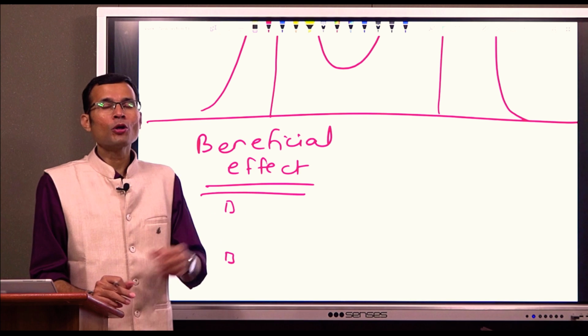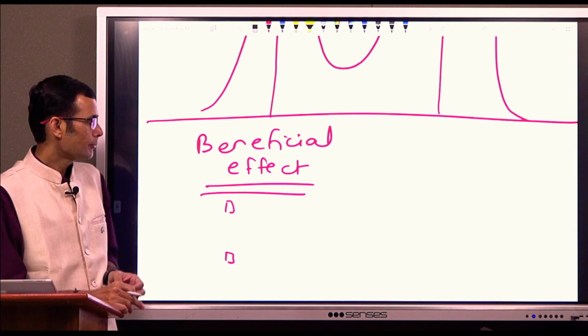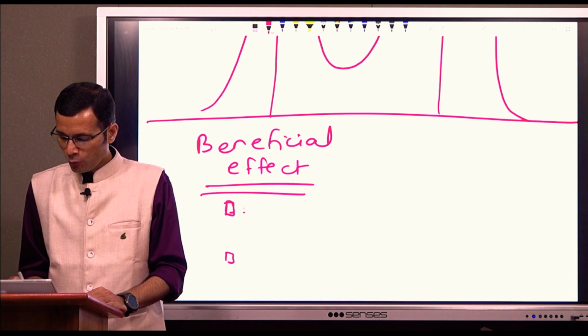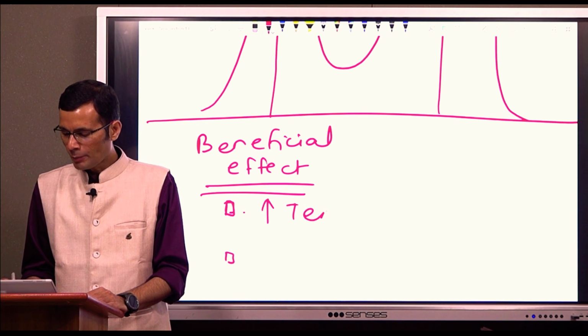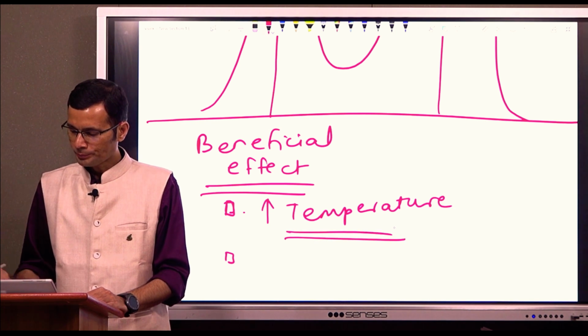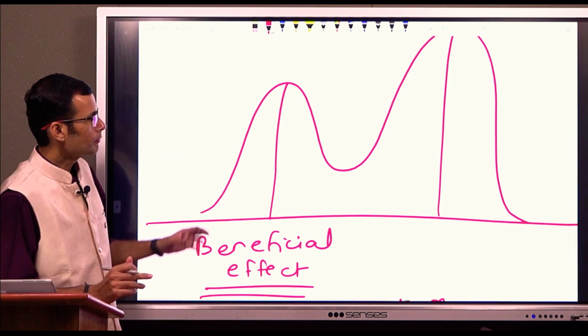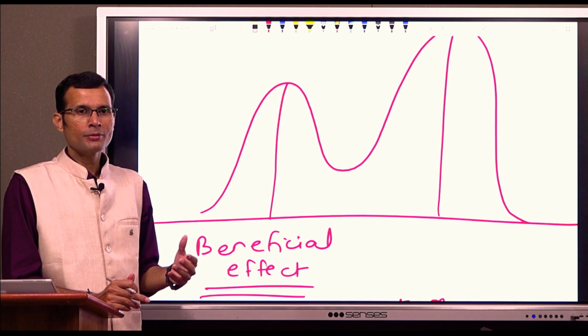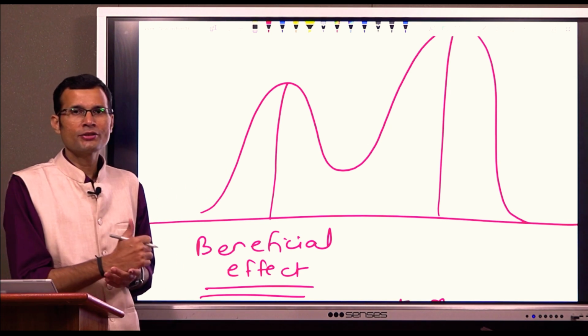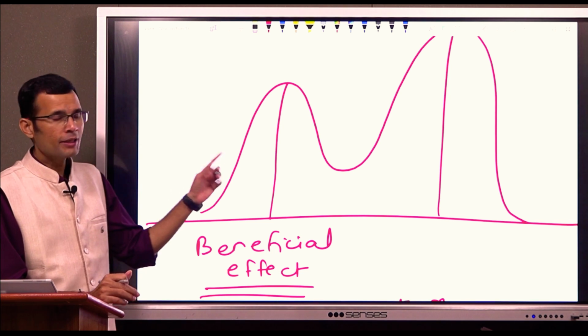Now, what were those changes that happened in the muscle? Two important changes we must note. One is increased temperature in the muscle caused by the first contraction. You know, muscle contraction generates heat. So, temperature increased.